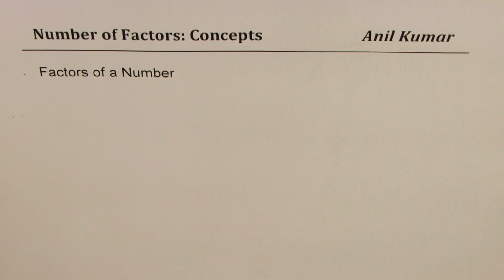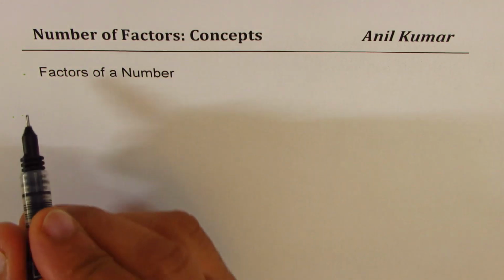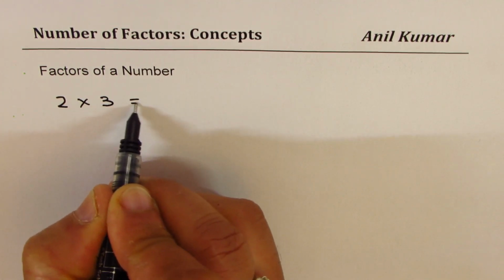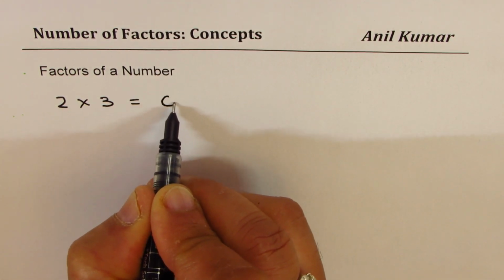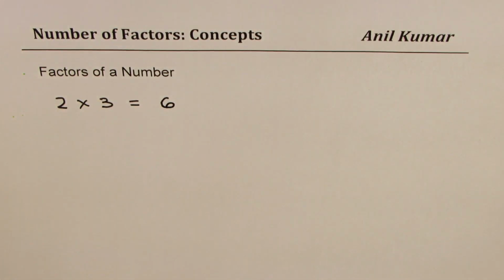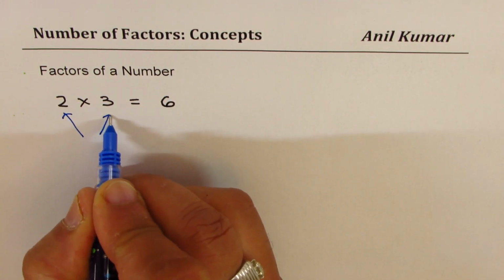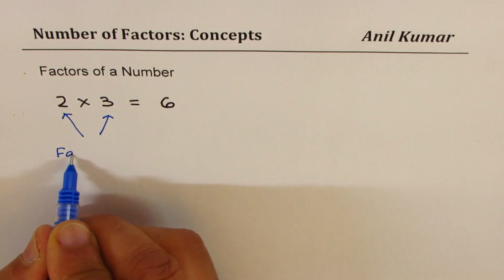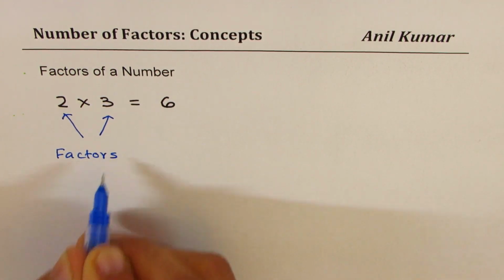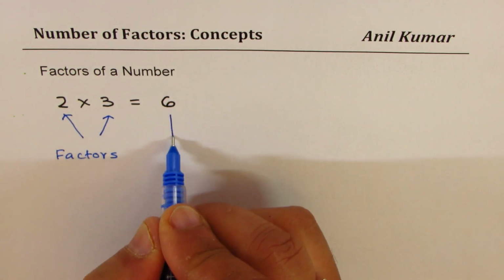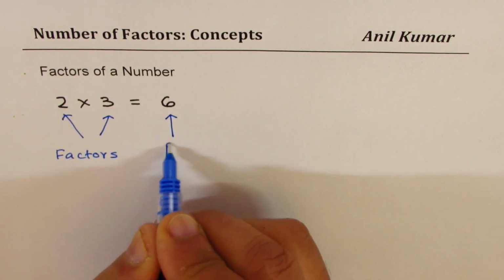Factors of a number. So the concept is, let's say, if I multiply 2 times 3, what do I get? I get 6, right? So here we call these two numbers 2 and 3, which we multiply, as factors. Now factors are factors of a number, which normally is called product. So what we get is a product.